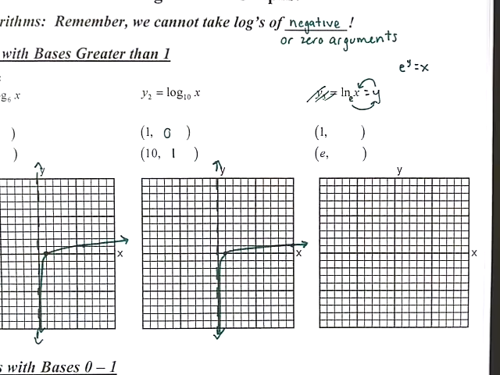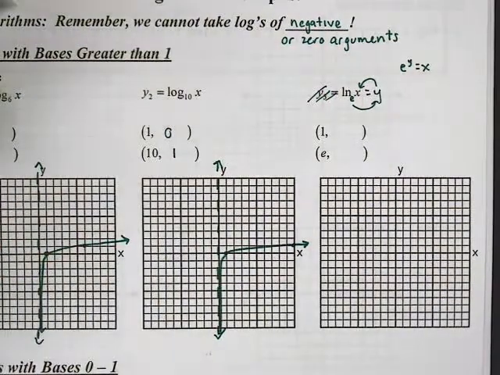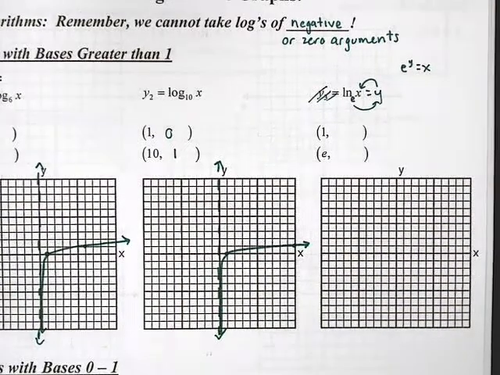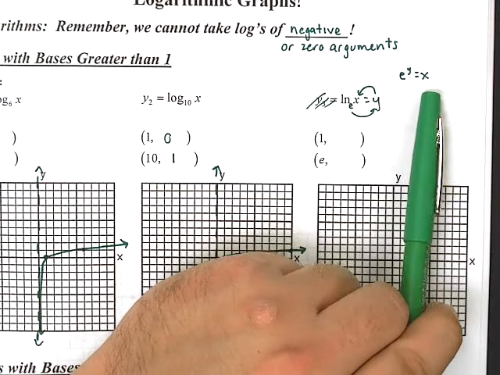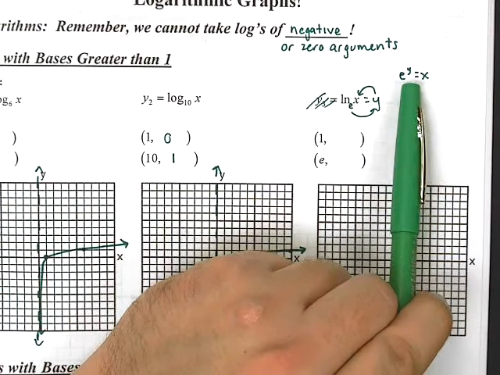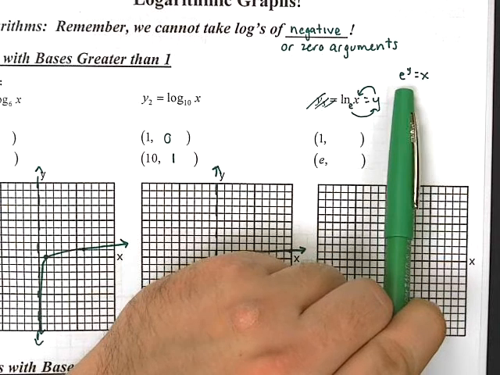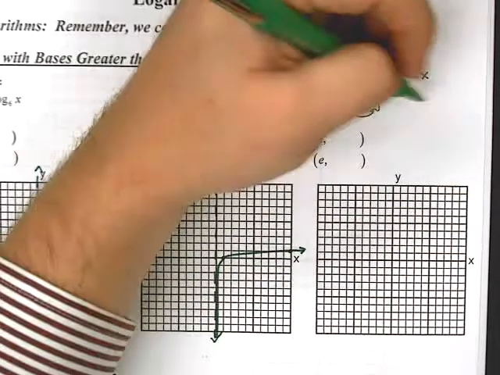Now what's really nice about this, guys, is I now see a place where I can plug in numbers very nicely, and I know exactly how to work with them. Now let me ask you, do you think that value is the y value or the x value? I hope you said y. I know exactly what to do because this is now exponential form, and I'm really good at graphing exponential form.